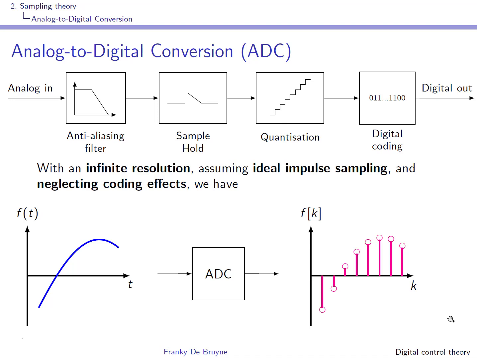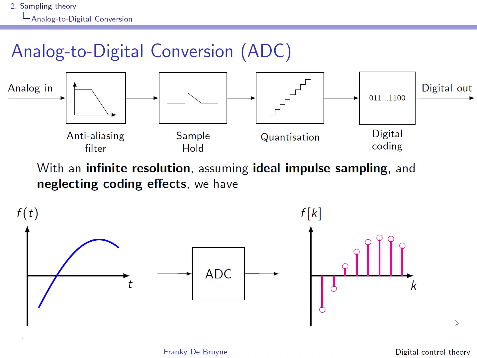This sequence of real numbers with finite resolution are now digitally coded over a number of bits. The number of bits that you have also defines the number of quantization levels that you will have in your quantizer. At the end of the digital coding, you obtain a sequence of integer numbers.